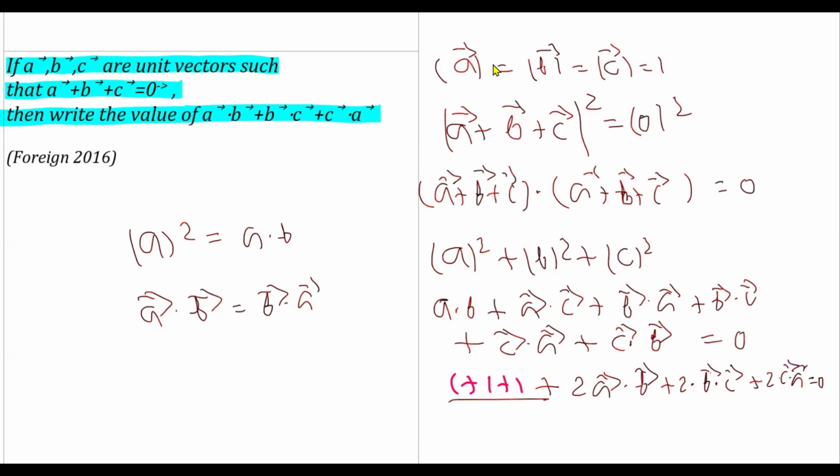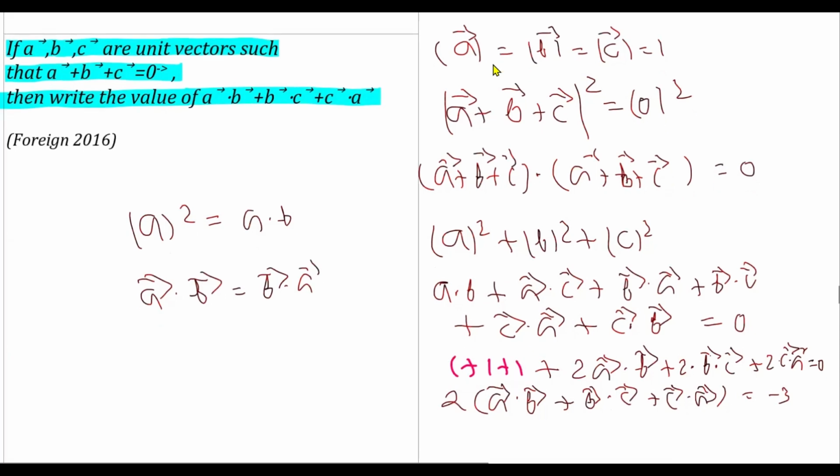Now finding this, it is 3, and I'm going to take 2 common from these. So it gives you 2 times A dot B plus B dot C plus C dot A is equal to how much? Minus 3, transposing this to the other side.